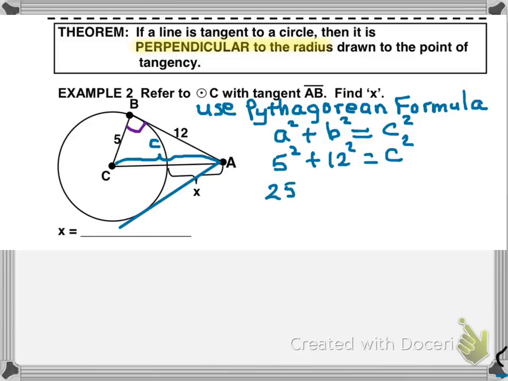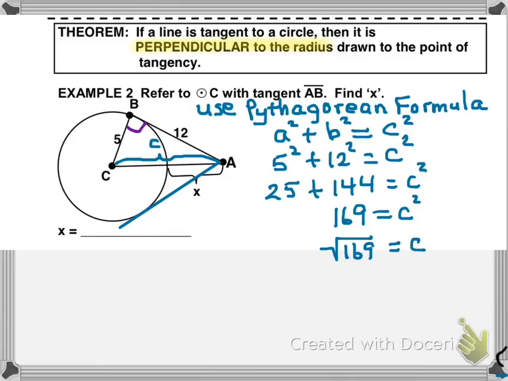We'll do the math. So 25 plus 144 equals c squared. We'll add 25 plus 144. That's 169, which is c squared. To find c, we'll take the square root of 169, and so c is 13.